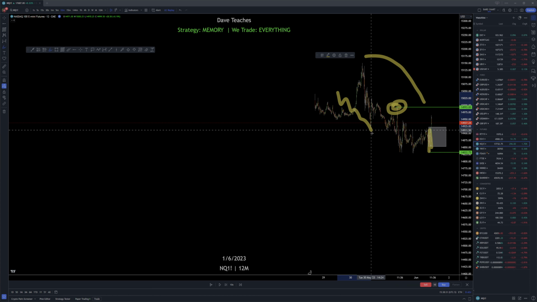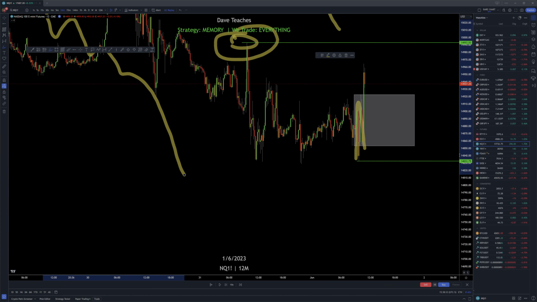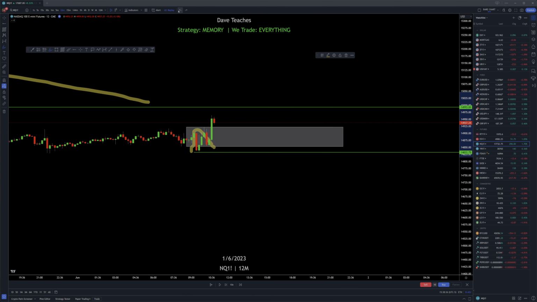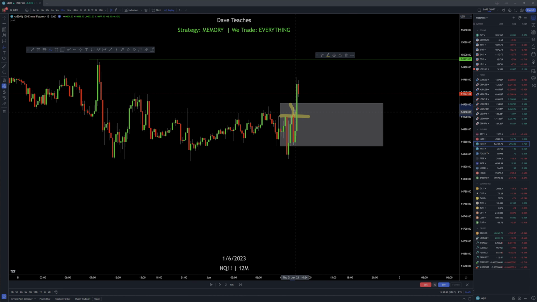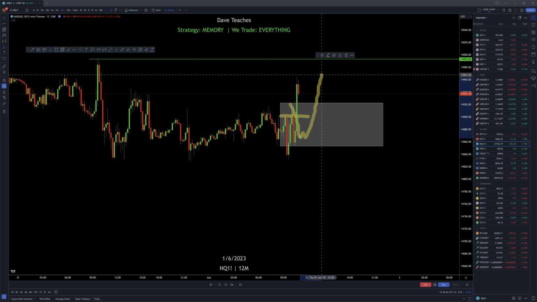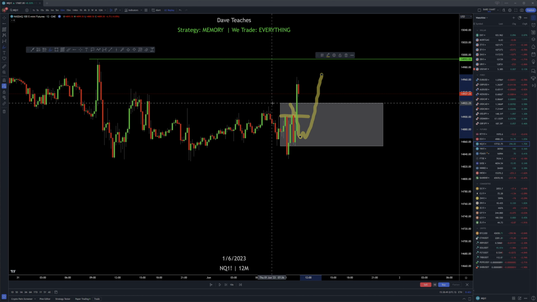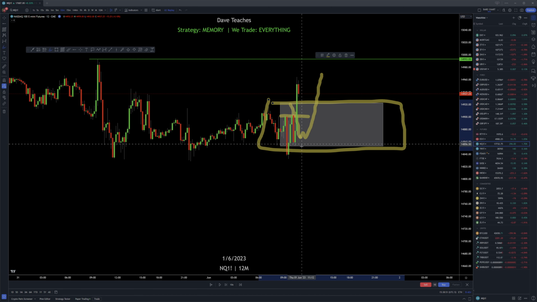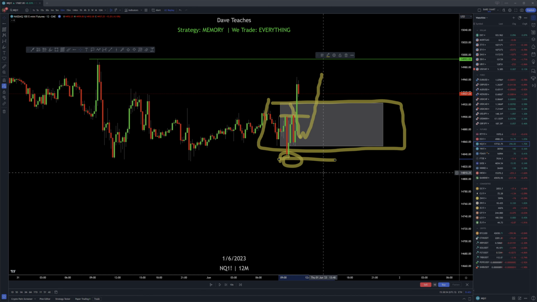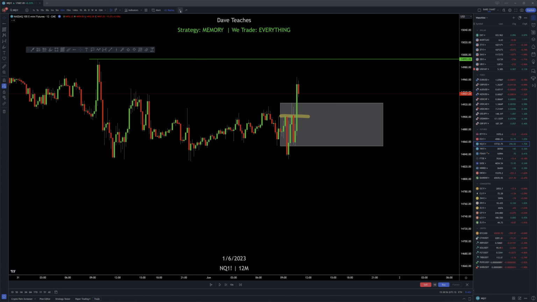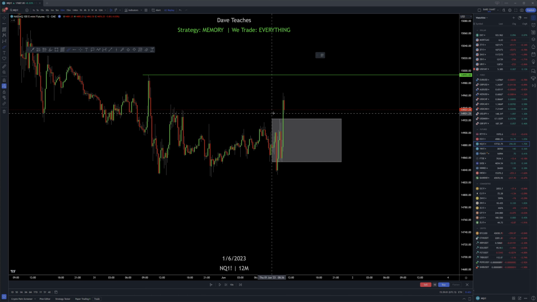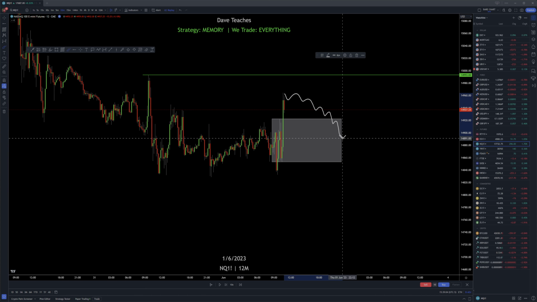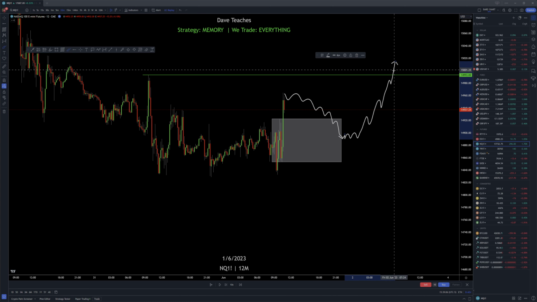But we know that we trade what we see and not what we think, right? So we understand that within here, we traded up above this previous high, traded back into the range, and then traded up again like that, right? So we have that previous range here with the protected low just below here. So what we're anticipating is what? For price to trade back into here, in order to provide some upside here.